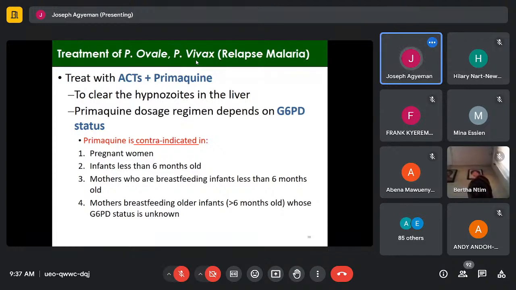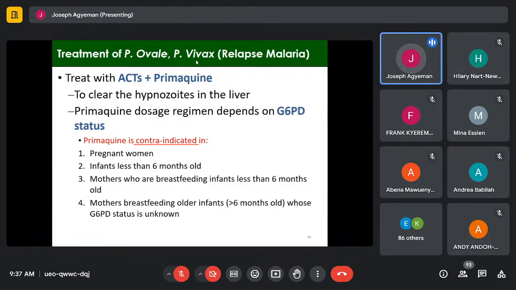But let's look at a situation where you have the infection from either P. ovale or P. vivax. Remember last week we discussed that it is these 2 agents that will leave some hypnozoites within the liver. If you treat and only take an agent that kills the parasite within the blood, then because you did not take an agent that could kill those in the liver, which are also called the extra-erythrocytic stage, they can still develop and multiply.